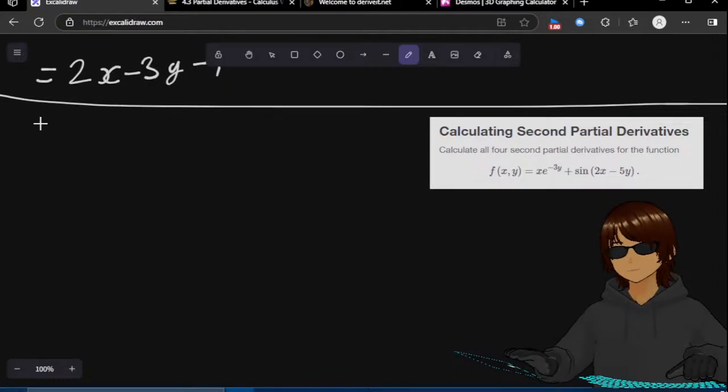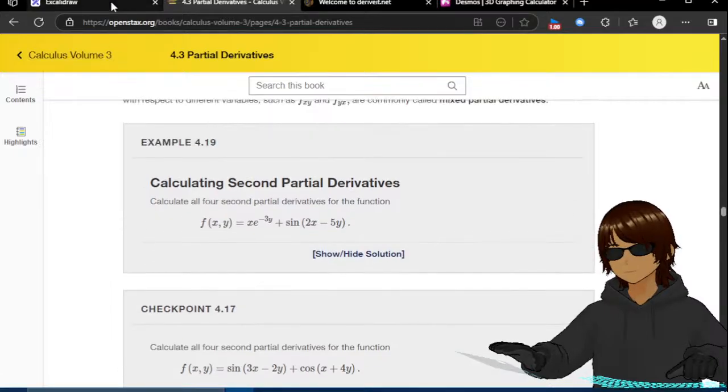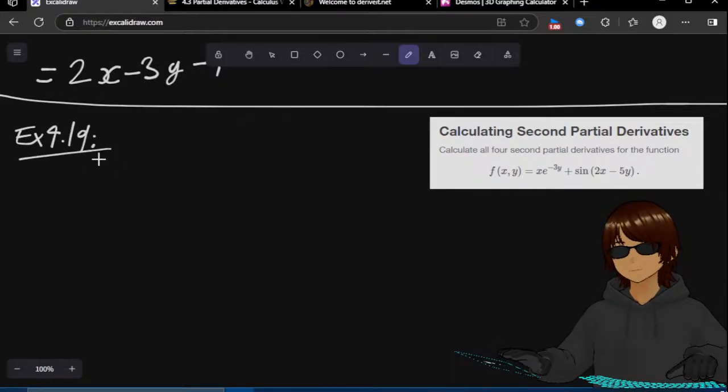So we have example 4.19. Calculate the second partial derivatives. Let's just do x then y.